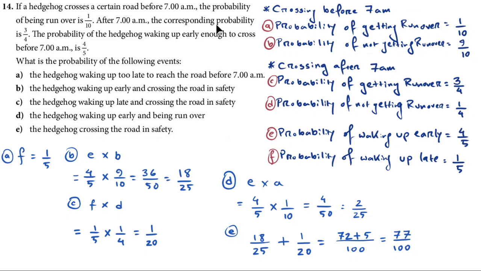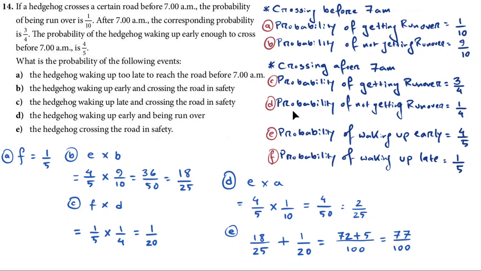It means the situation remains the same, and if it crosses not before but after 7 a.m., the probability of getting run over is 3 by 4. So instead of writing the whole thing again, they just wrote the corresponding probability. So crossing after 7 a.m., probability of getting run over is 3 by 4.